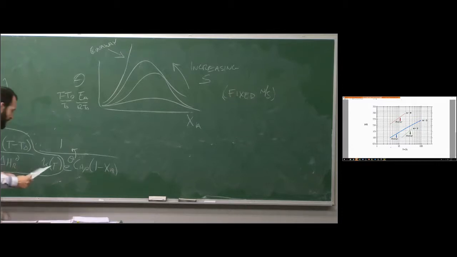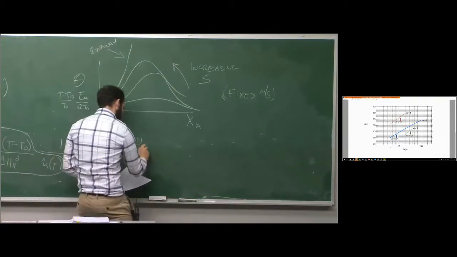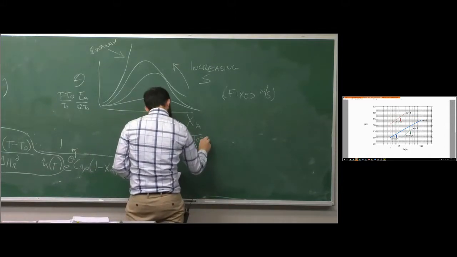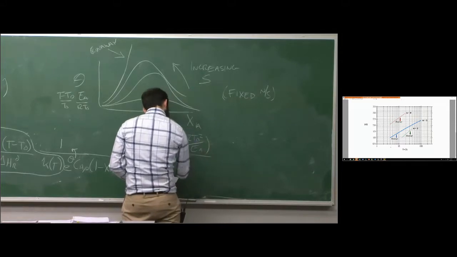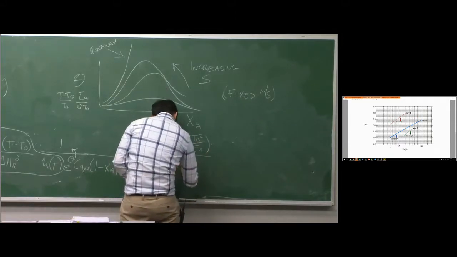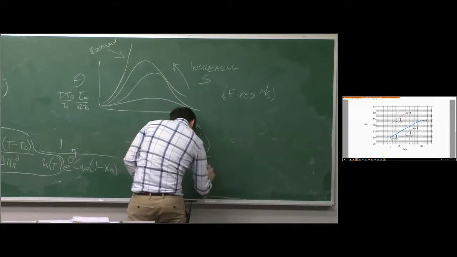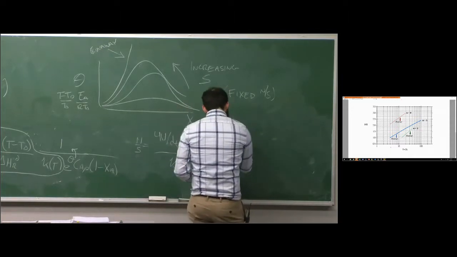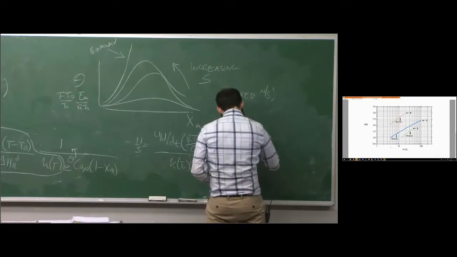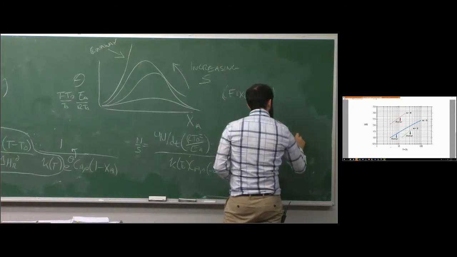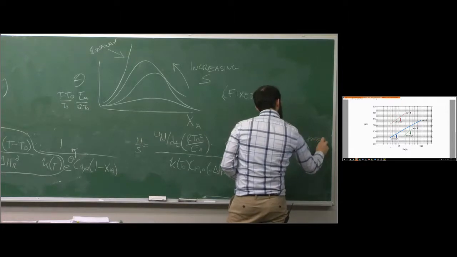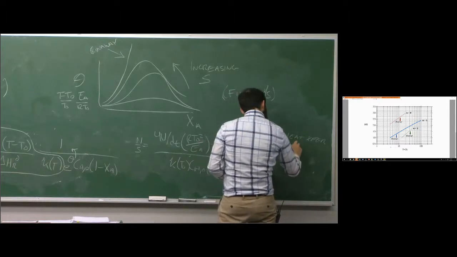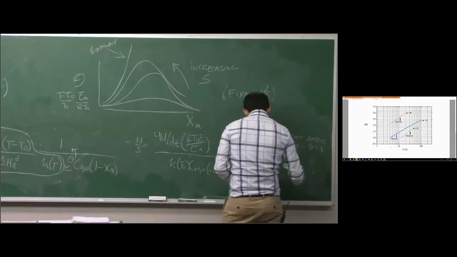What is N over S? N over S is the rate of heat transfer through wall when theta is equal to 1.